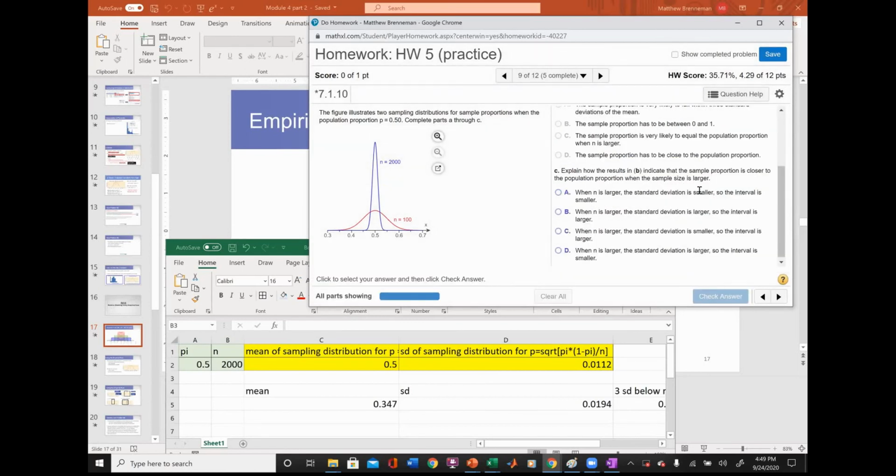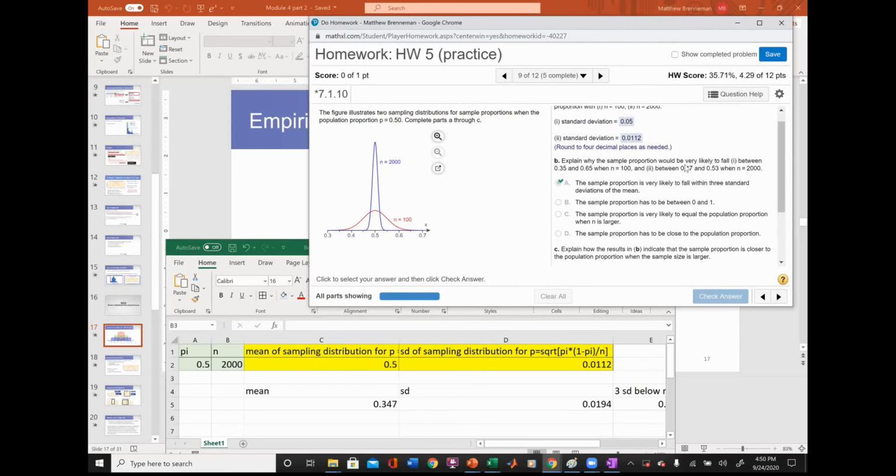And explain how the results in part B indicate the sample proportion is closer to the population proportion when the sample size is larger. So notice these 2 windows, right? This is the 3 standard deviation window right here for when the sample size is 100. And notice it's very broad, right? Even though the population percentage is 50%, it's not unusual to have values between 35 and 65%.